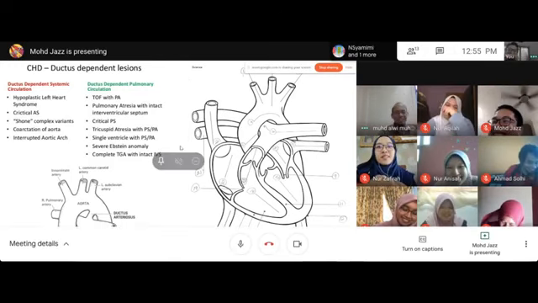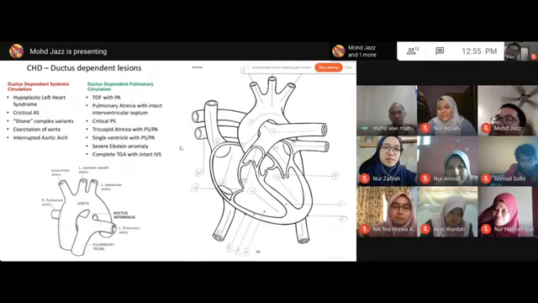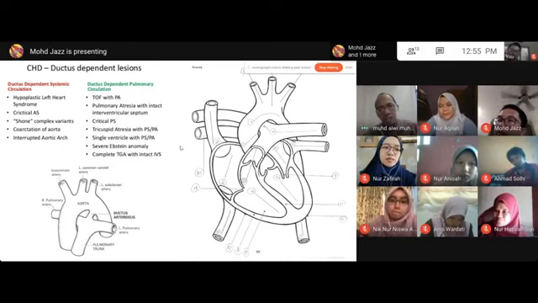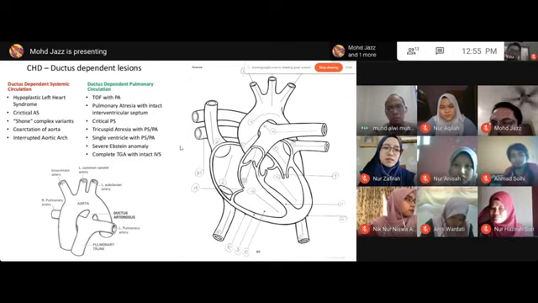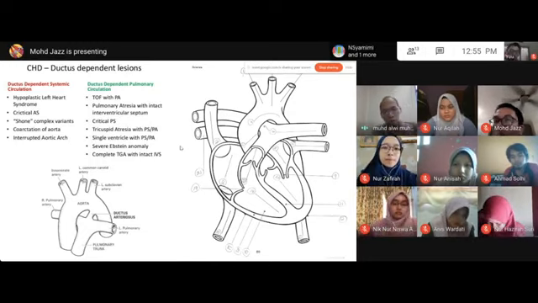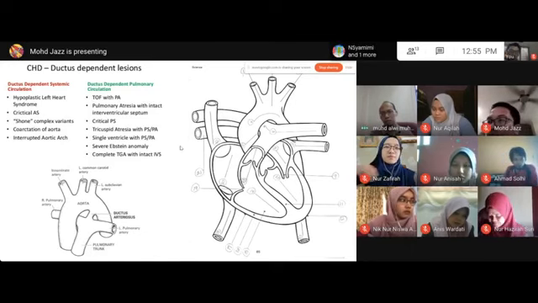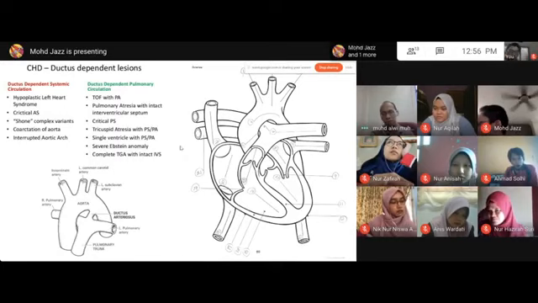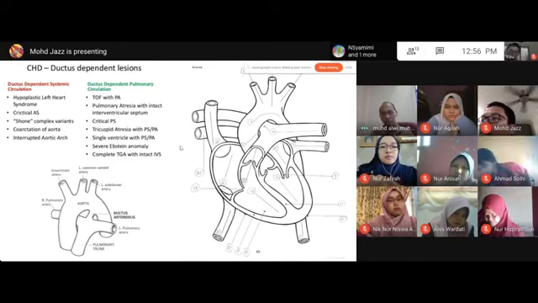Okay. Ductal dependence means depending on the ductus arteriosus, which means this baby, without corrective surgery, has to undergo a palliative intervention to keep the patency of the PDA. Any of these ductal dependent lesions, if you don't do anything to create a shunt, a left to right shunt like a PDA, not a right-sided shunt like PFO or ASD, then they will not survive.